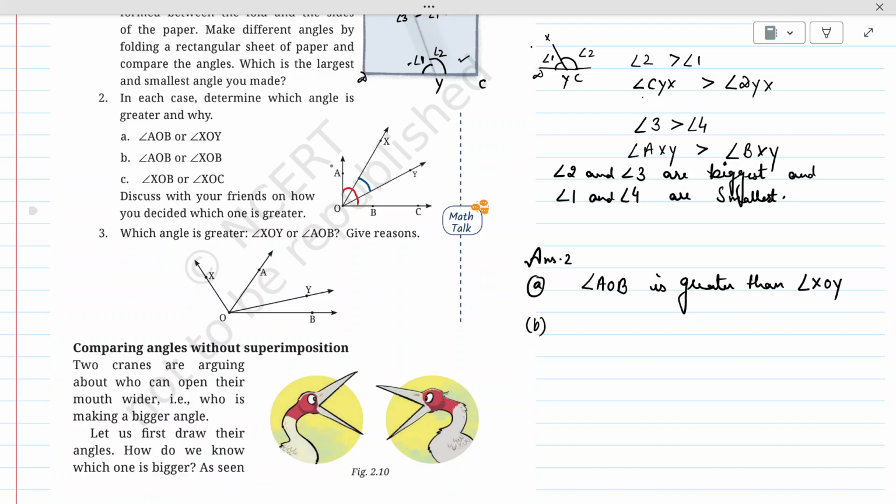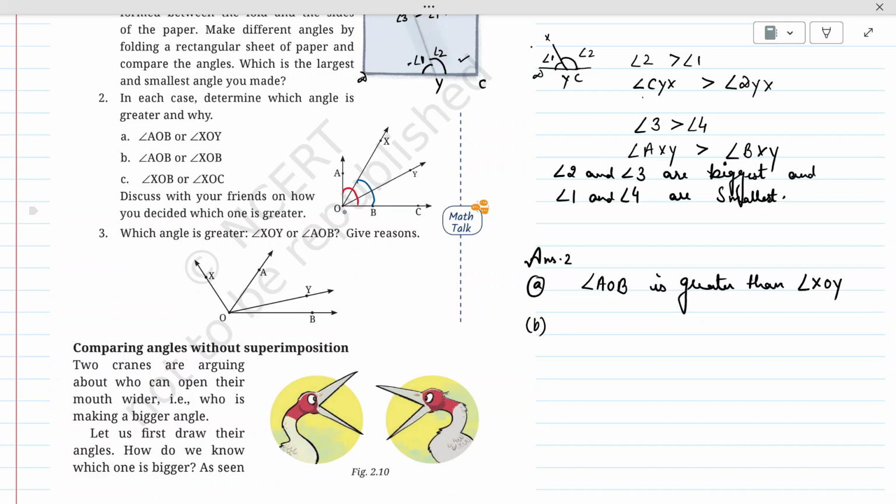Angle AOB, again the red one, and angle XOB. XOB is this one. So let me erase this. And for the second case, angle XOB is this angle. Okay, so kids, again here, XOB is smaller than AOB, because it will take less rotation for this arm OC to move to OX than to OA.